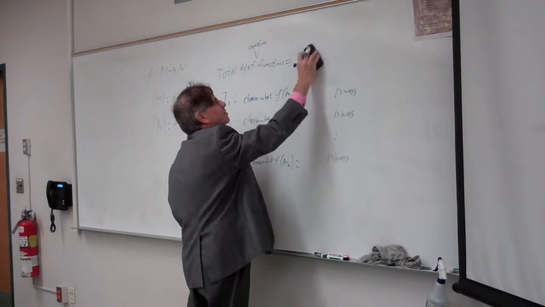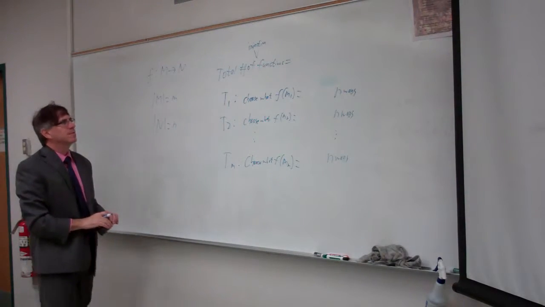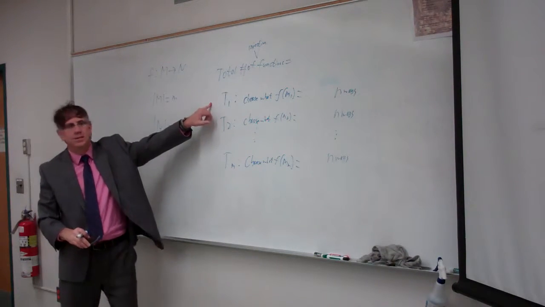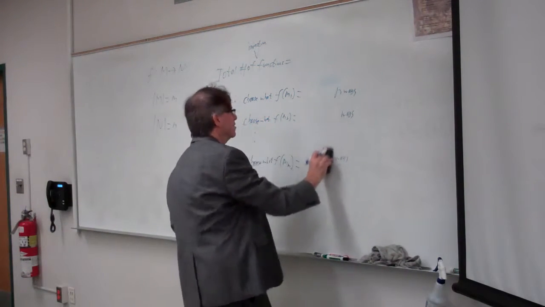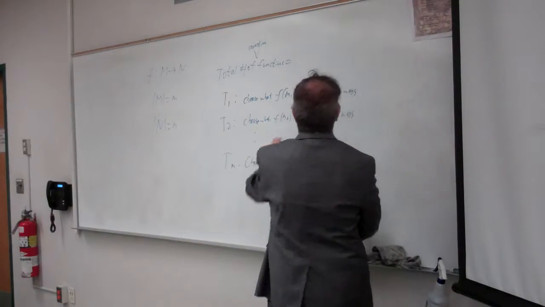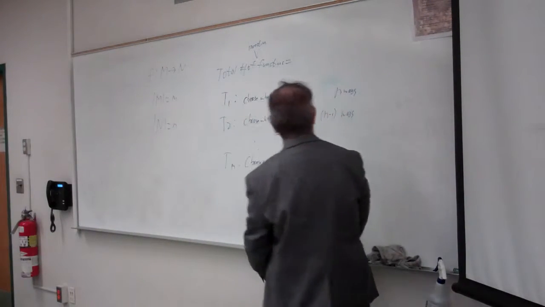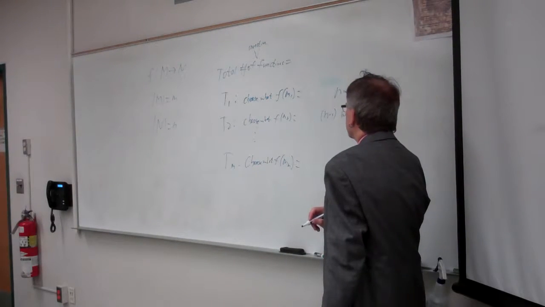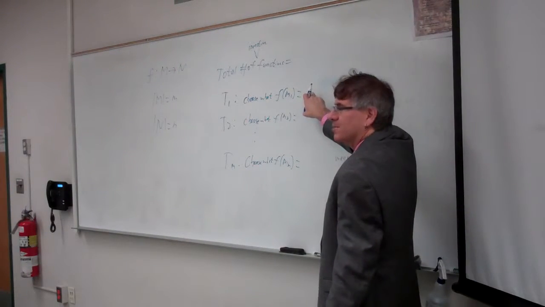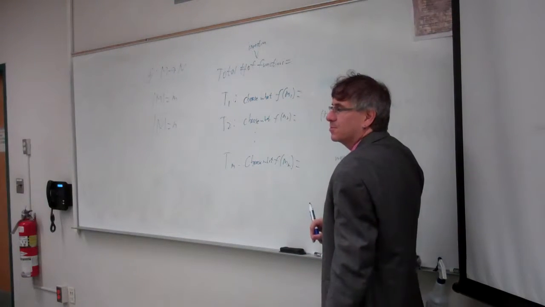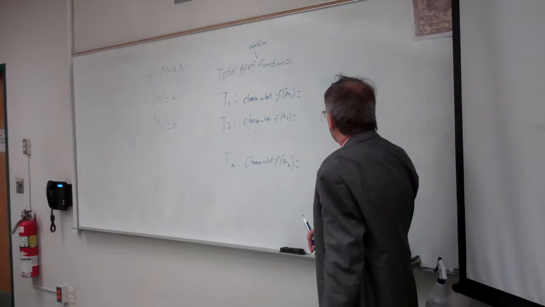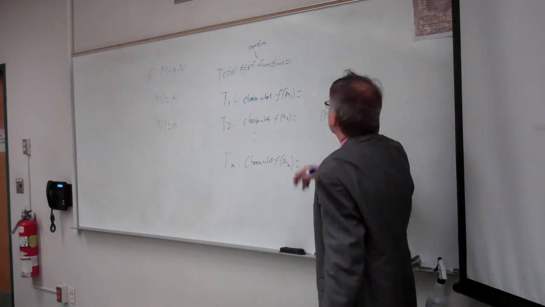But now, what if this is injective? How many ways can we complete task 1? That's still n. How many ways can we complete task 2? That's got to be n minus 1, because we can't map to the same thing that we mapped here, so we've got one less that we can map to. And this last one is something I don't want to write the expression for.